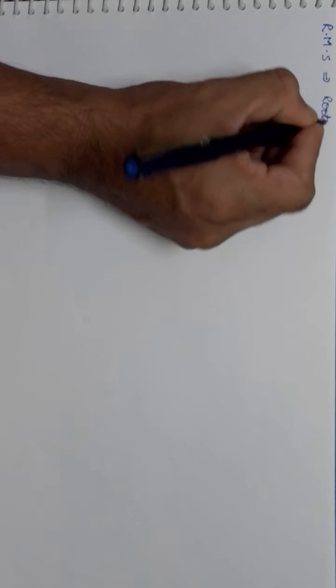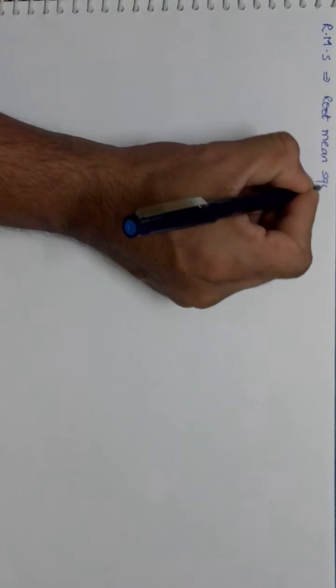This is very important in view of your JEE Mains as well as Advanced and various types of exams. So I will write a relation over here. This is RMS, root mean square.